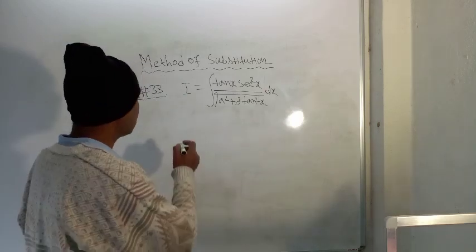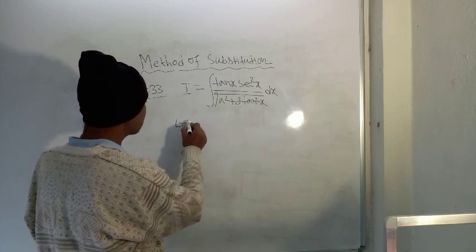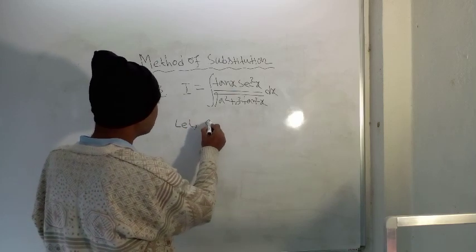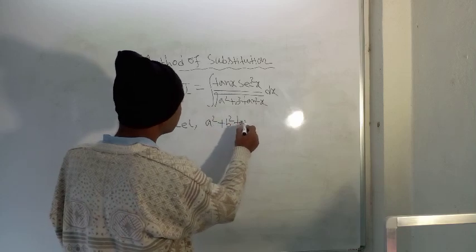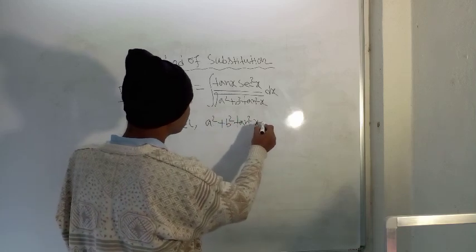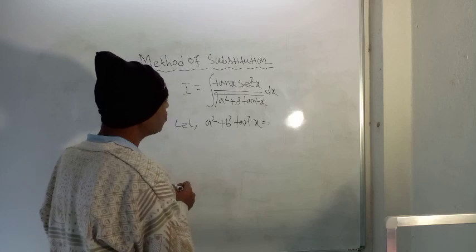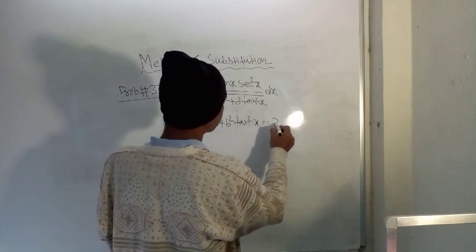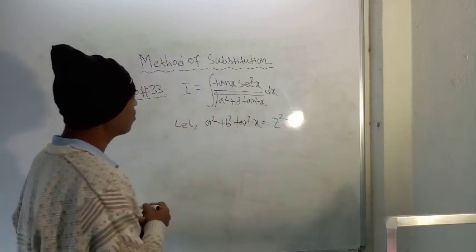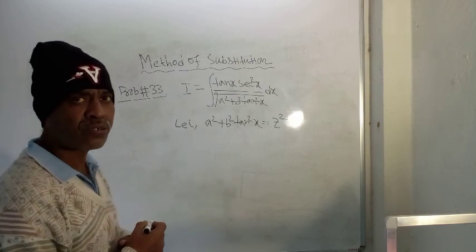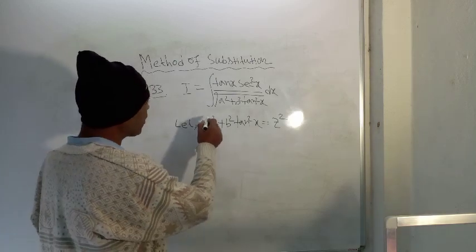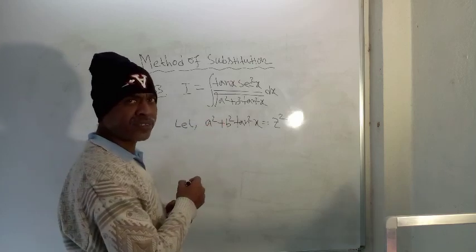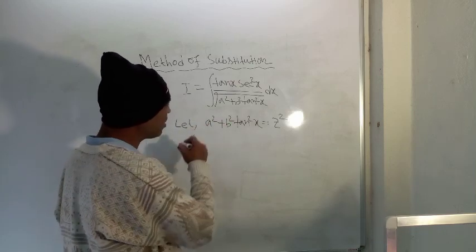Let a square plus b square tan square x be equal to z square. Okay, now differentiate both sides. If you differentiate the first term, a square, it is a constant term, so you will get 0.